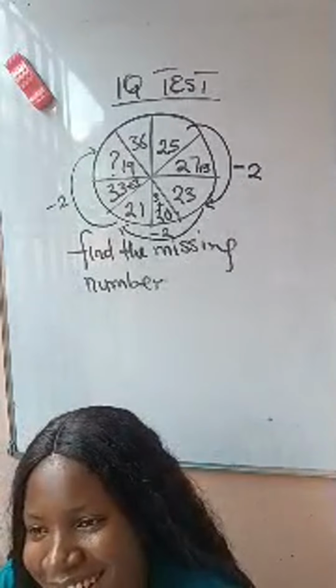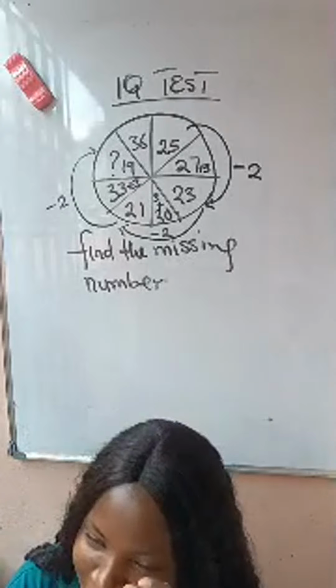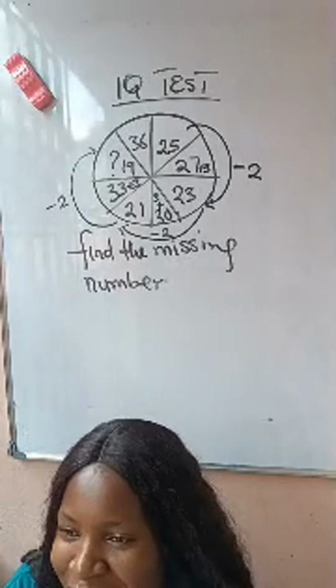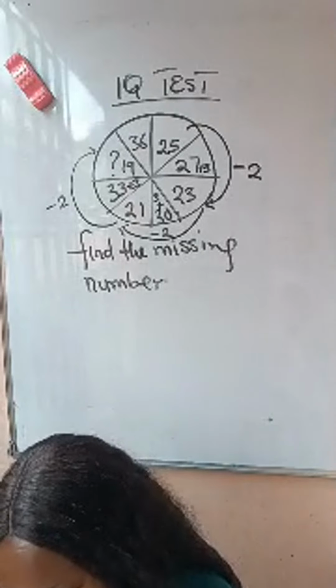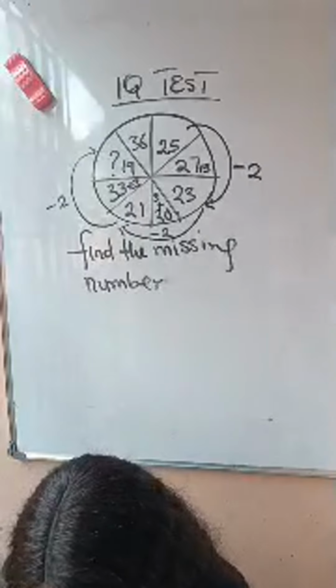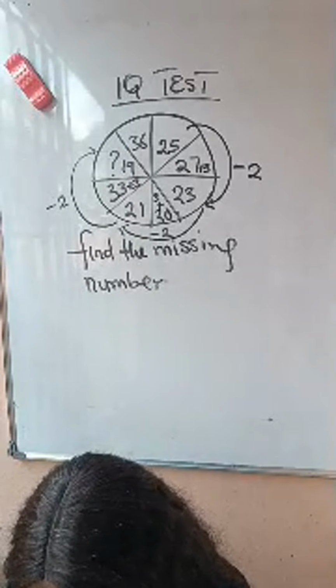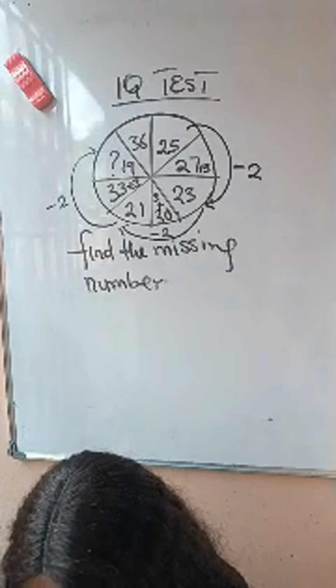Until someone corrects me, I'm not interested. Wait, Mr. Anthony, are you trying to say that all this while you've not gotten anyone right? I thought you got the puzzle correctly. 25 minus 2 is 23. 23 minus 2 is 21. Yeah, that is it. The other one you add.